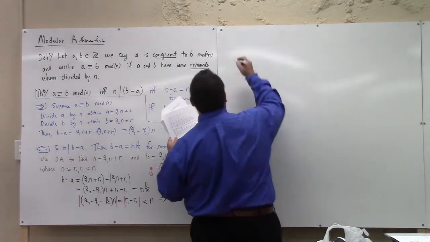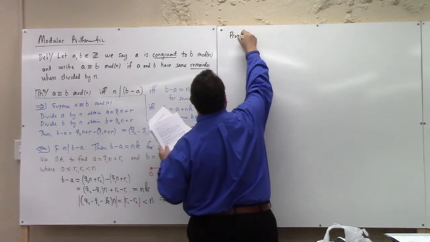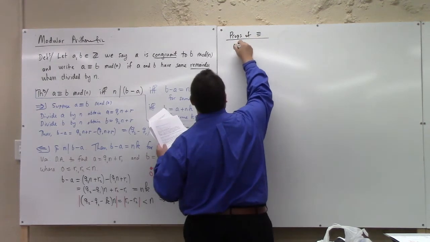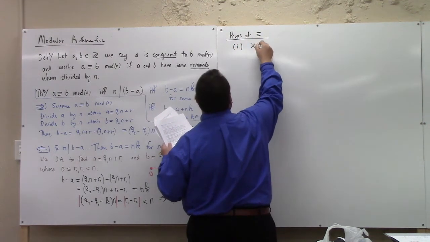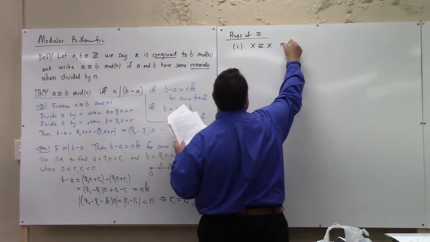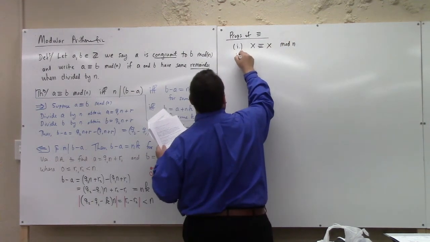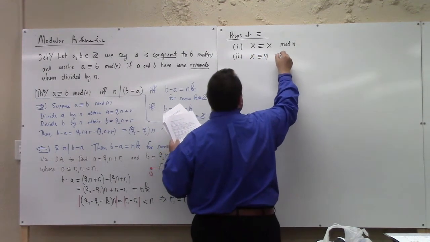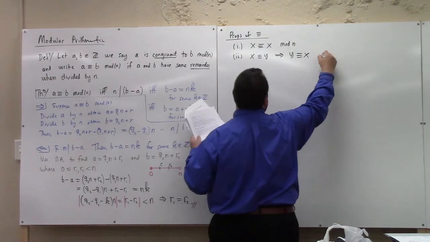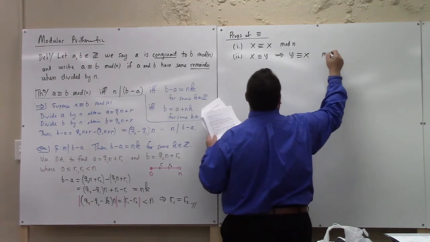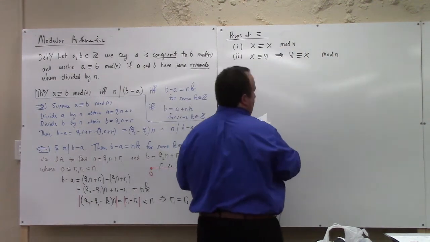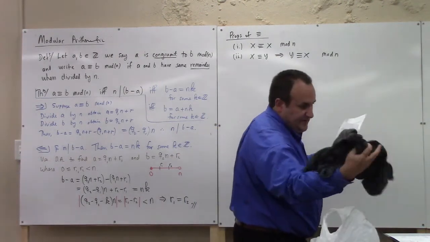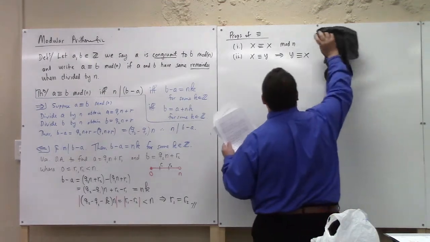Properties of congruence. Number uno, x is congruent to x mod n. 2, x congruent to y implies y congruent to x mod n. Actually, if you don't mind, I'm going to stop writing mod n everywhere because I'm already getting tired of it. So let us understand that congruence is mod n, yeah?